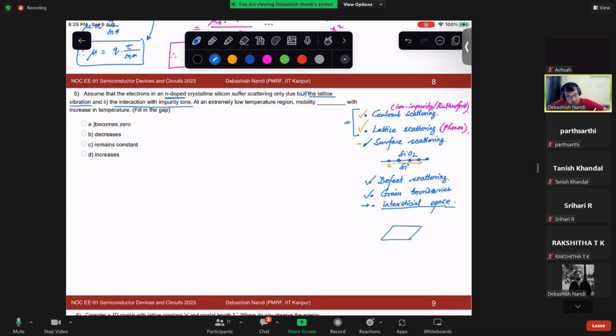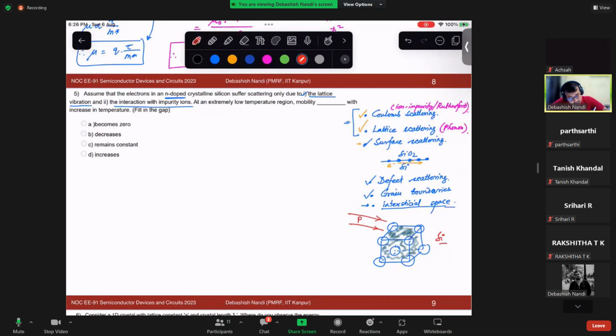Suppose you have a cubic crystal. Do you think that the crystal is completely packed by atoms? There will be some void spaces, right? In between, where atoms are not present, these will be void spaces. These are called interstitial spaces. Now suppose this is silicon, and you are doping some foreign material, let's say phosphorus.